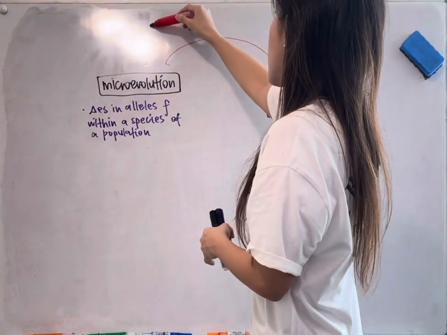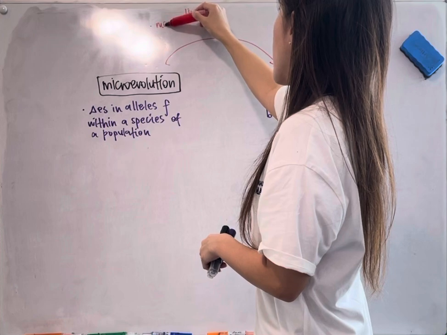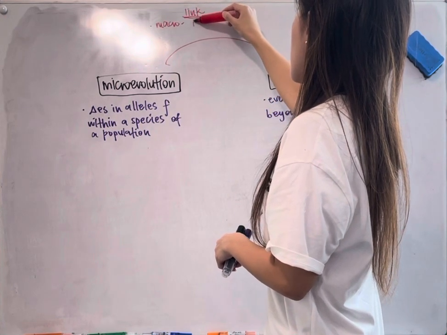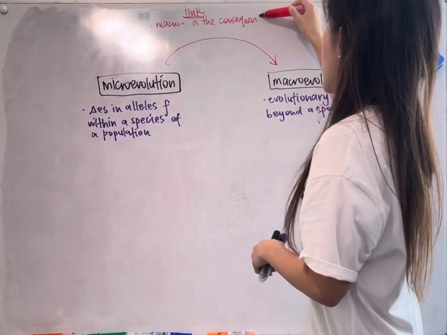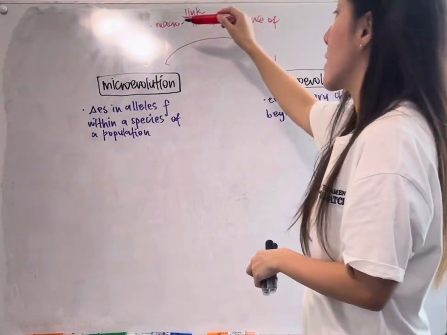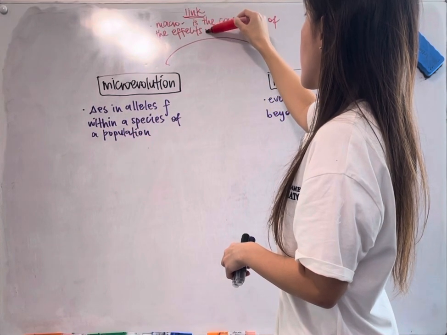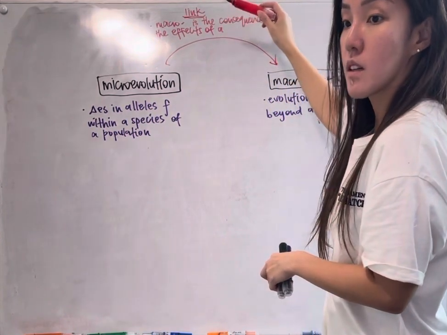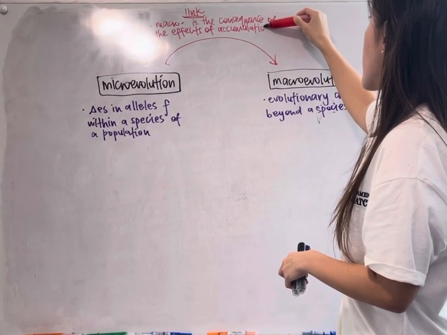So the link is that macro is the consequence of the effects of accumulated microevolution events.